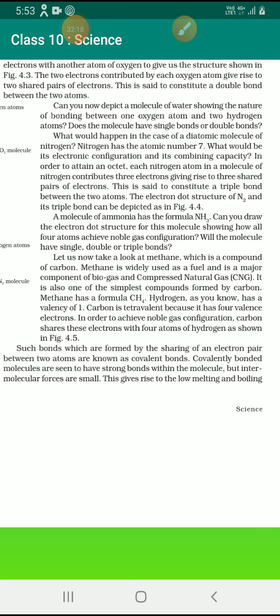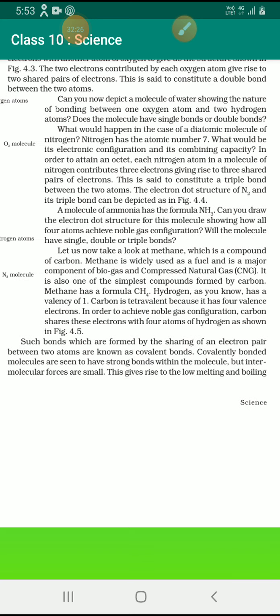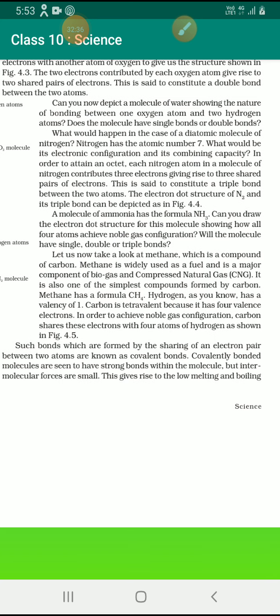Nitrogen has the atomic number 7. What would be the electronic configuration and its combining capacity? In order to attain the octet, each nitrogen atom has 5, and 5 plus 3 means 8. It needs 3 more extra, and then it becomes an octet arrangement. So the nitrogen contributes 3 electrons, giving rise to shared pairs of electrons.